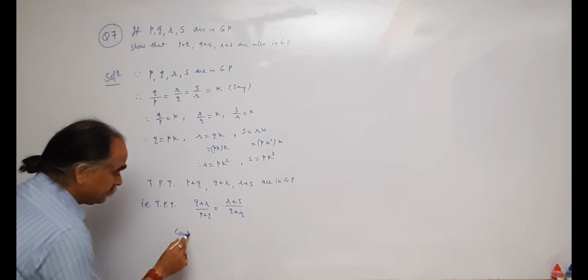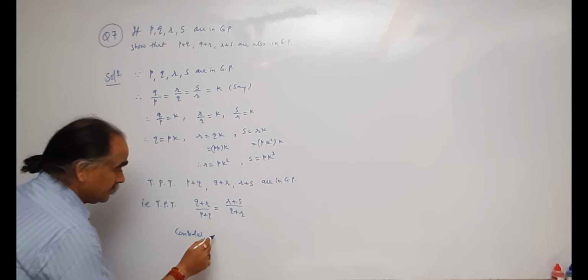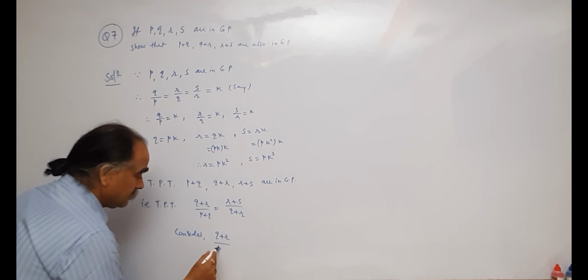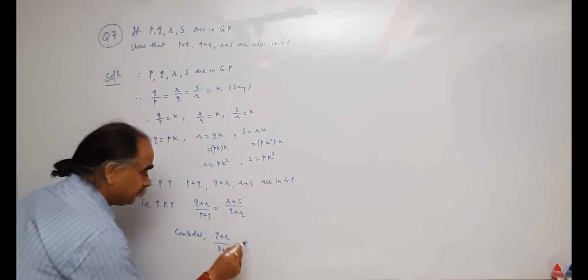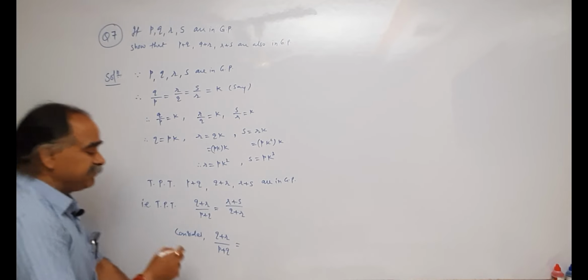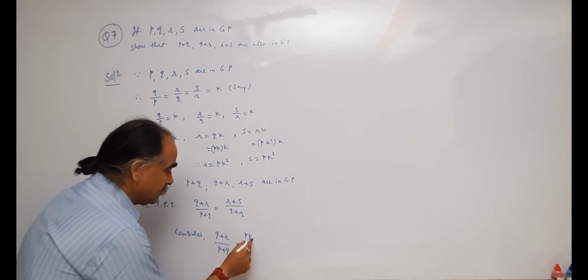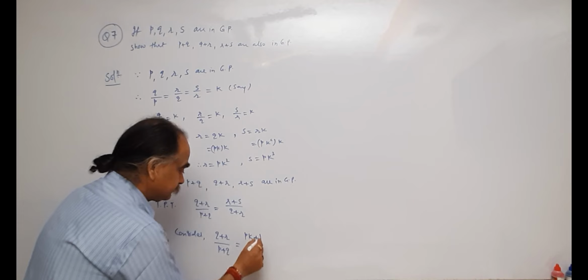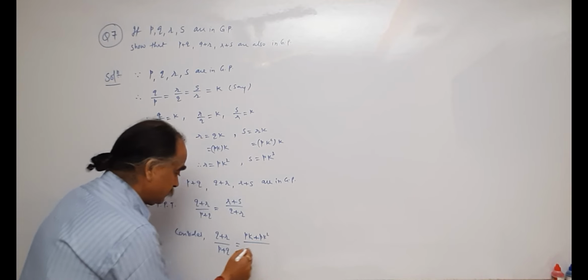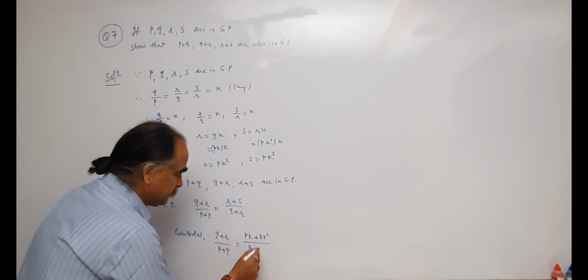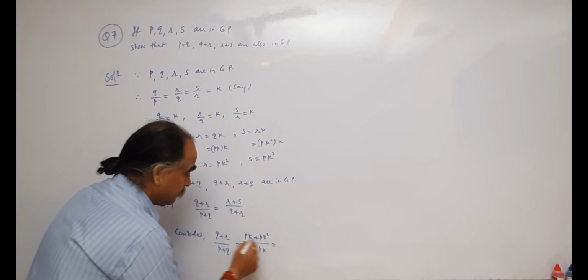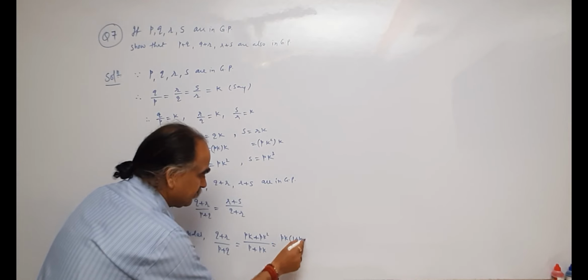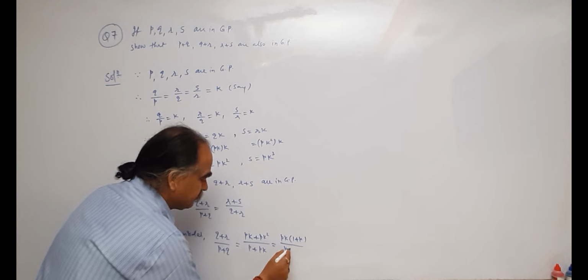Consider Q plus R upon P plus Q. Q is PK, and R is PK square. P is P and Q is PK. PK common in numerator, so you'll get 1 plus K, and P common in denominator.